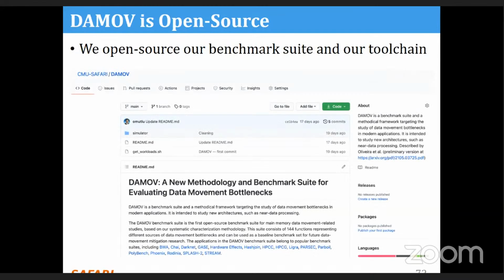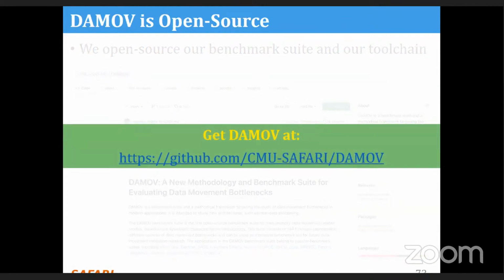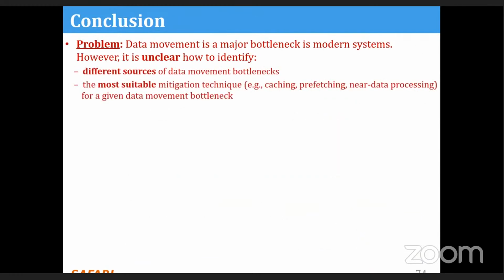And that's all, I guess. This is a repository where you can find the benchmarks and the simulator. This is the link to the repo. And the conclusion is that data movement is taking a lot of energy and execution time in current computing systems.